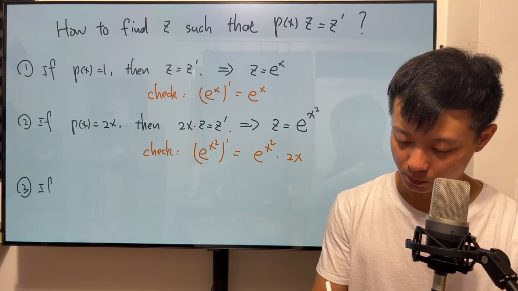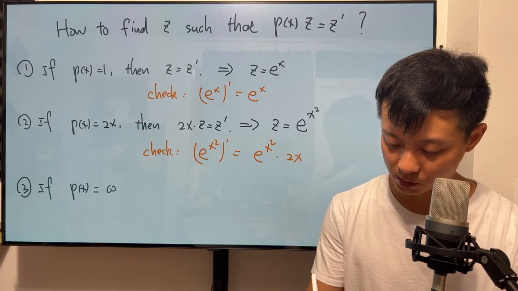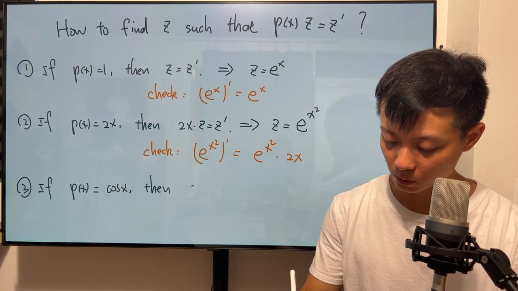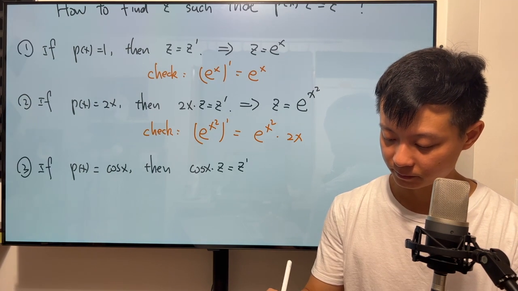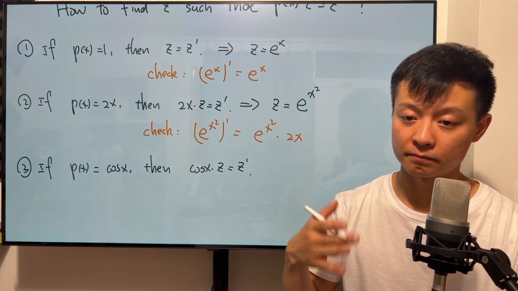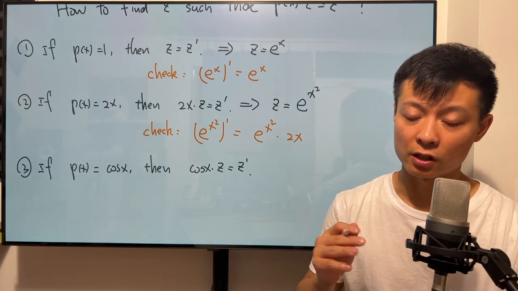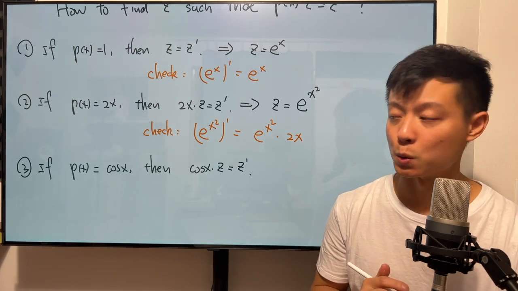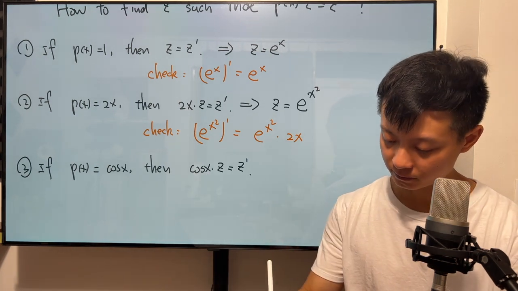And at last, we'll take a look at situation number 3, where p(x) is equal to cosine of x. In this case, the equation will become cos x multiplied by z equal to z'. And then we should expect something similar happening, which is that the function z is going to be e raised to some power, and that power should be the antiderivative of cos x, which is sine of x.